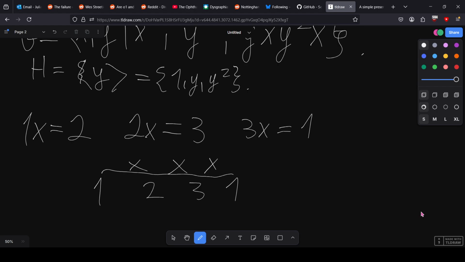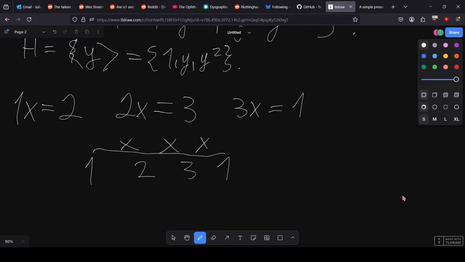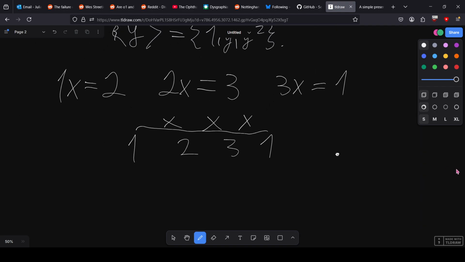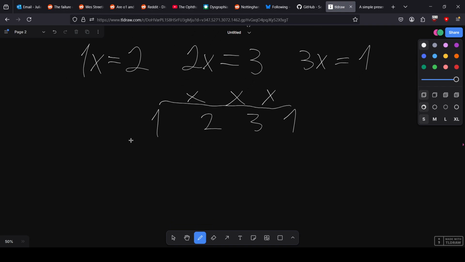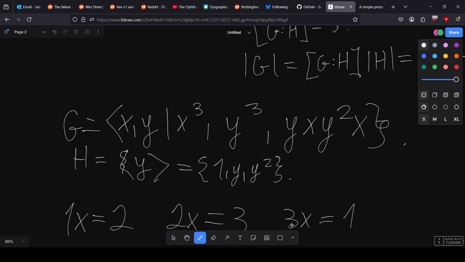Continuing, we can look at y. We similarly don't know how y acts on 1, so let's call this 4. 4y, let's call this 5. And 5y has to be 1, because once again, y cubed here is equal to 1.